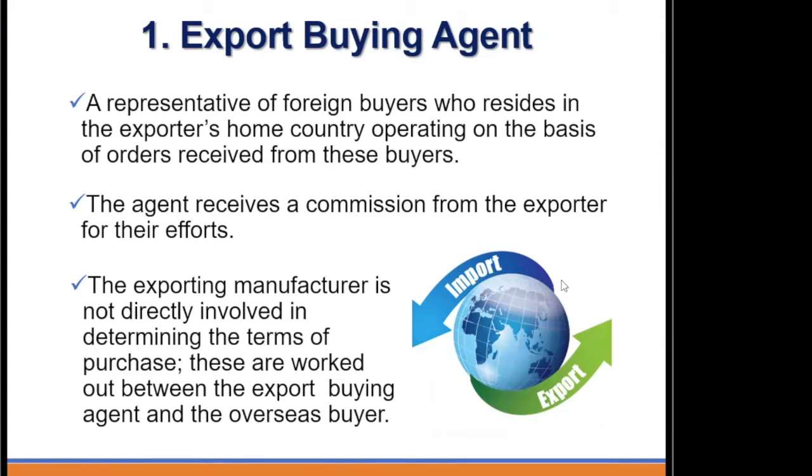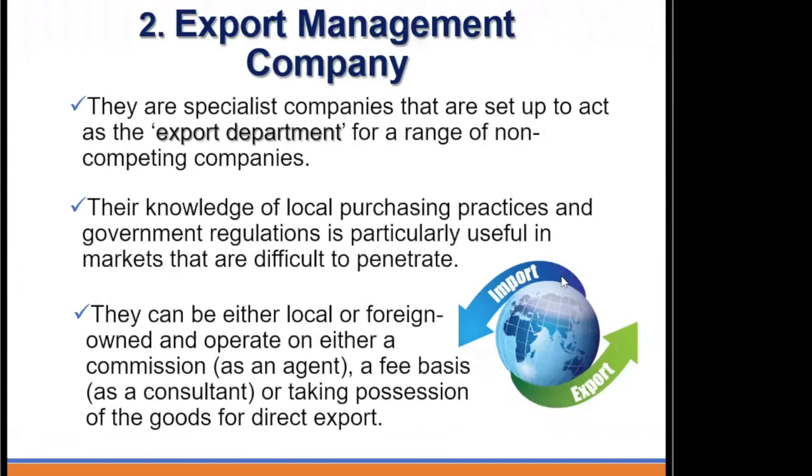All of this is agreed upon and negotiated between the buying agent and the buyer in the foreign market, right? So the exporting company or the manufacturer almost never gets into contact with the buyer in the foreign market. Everything is handled by the buying agent, who ultimately earns a commission for the work that they put in.